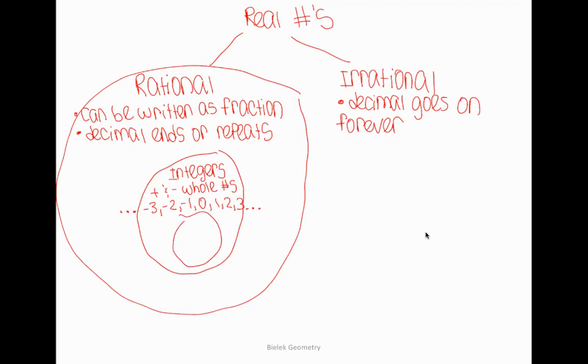And then whole numbers are an even smaller set of numbers. Whole numbers are just counting numbers, so how you would count. You'd start with 1, 2, 3, 4. So a whole number is an integer and a rational number. An integer is also a rational number. So just to give you a better visual of how that chart works, I would draw that on the back of your notes or fill it in somewhere.